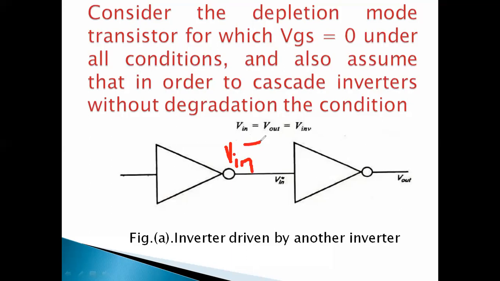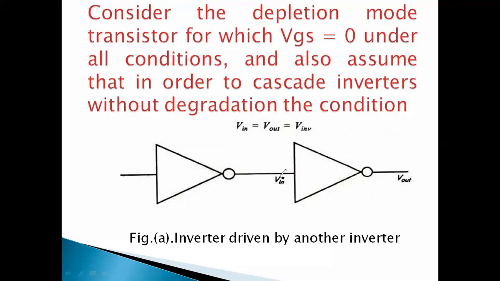Generally, when we consider VDD equal to 5 volts, when Vin equals 2.5 volts, this condition holds good, that is Vin equal to Vout equal to V inverse. That is the switching condition.